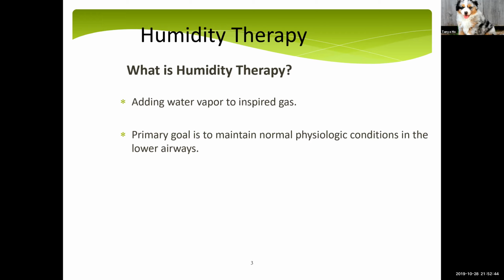Okay, and so the purpose here is to help maintain normal physiologic conditions in the lower airways. Anytime somebody is receiving oxygen therapy, or if they have their upper airway bypassed, they end up with what's called a humidity deficit. The natural part of our upper airways, specifically our nose, is to heat and humidify inspired gas.